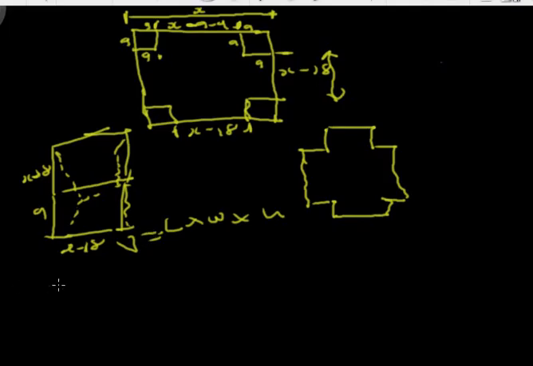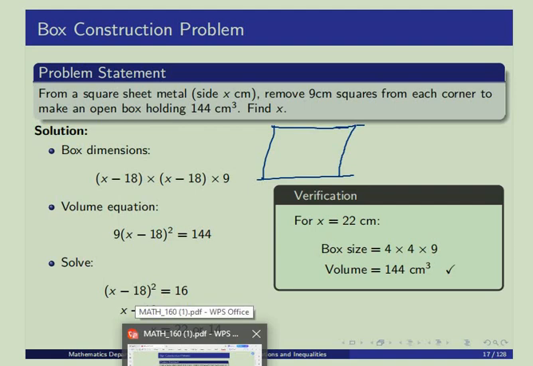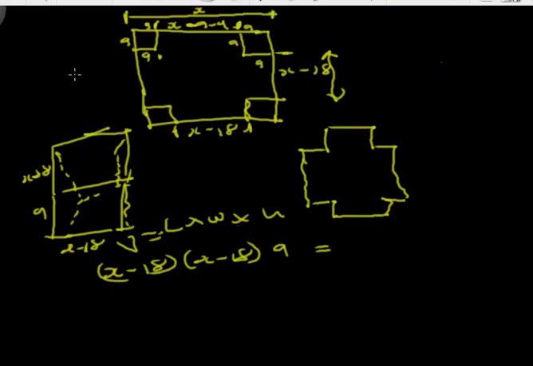So in this case, your volume is given by length, x minus 18, times x minus 18, times height, which is 9, and we are told this is equal to 144.